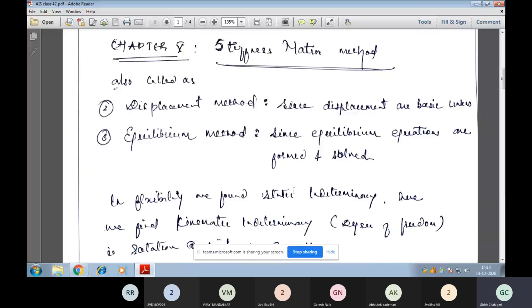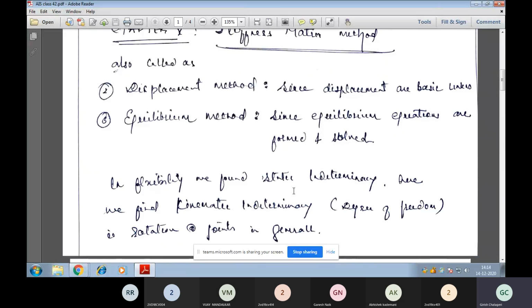Usually in flexibility, what we did was find the static indeterminacy, where the unknowns were the displacements delta. But here in the stiffness matrix method, we are going to find the kinematic indeterminacy. Kinematic indeterminacy means the degree of freedom. As you all know, what is degree of freedom?